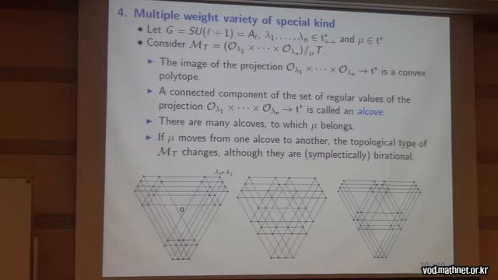And if mu moves from one alcove to another alcove, the topological type or differential type of M_T changes, of course. But they are birational, symplectically birational. So we have many alcoves, and consider mu in each alcove. There are many multiple weight varieties we can get.